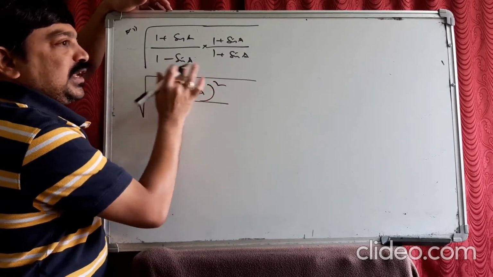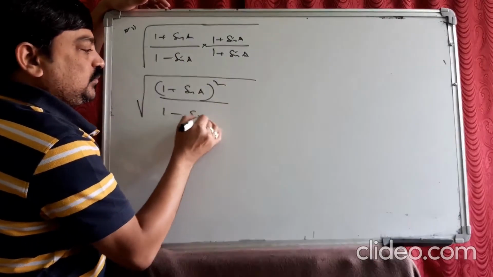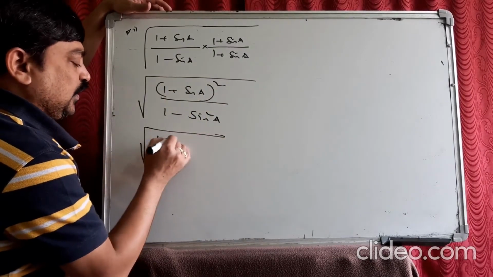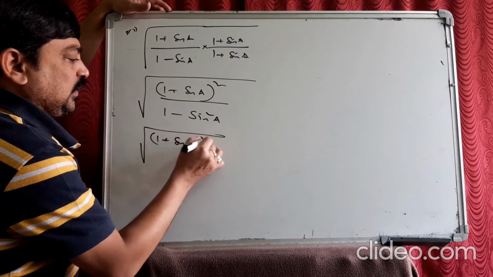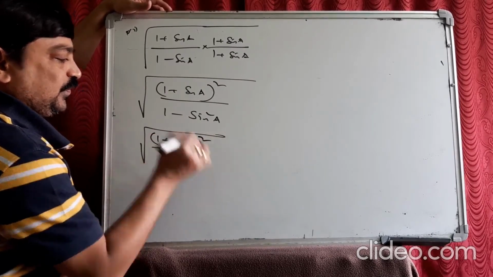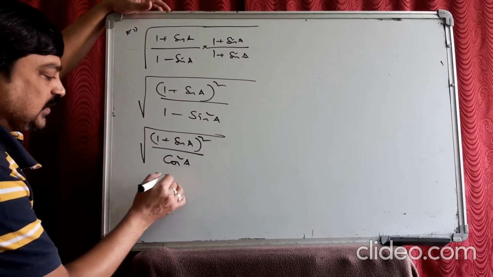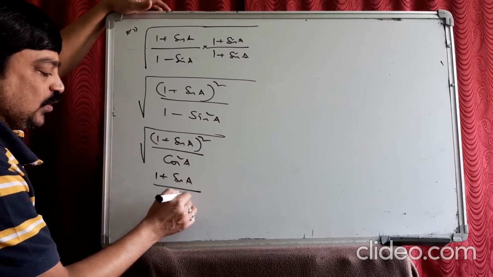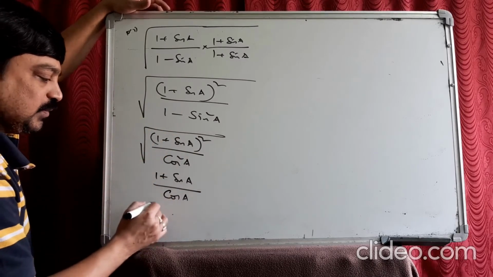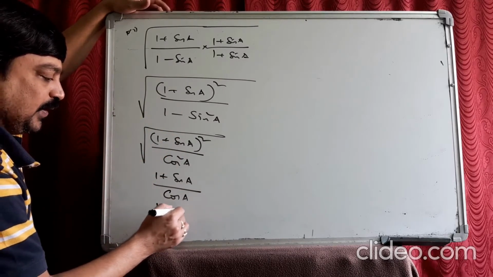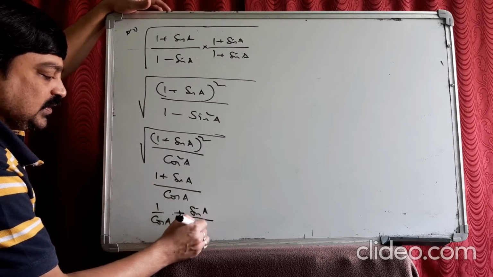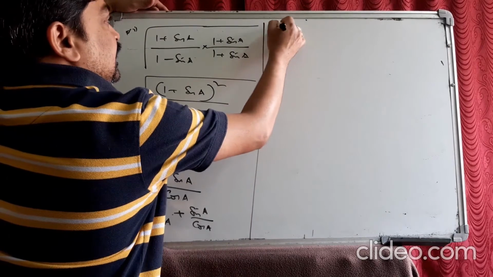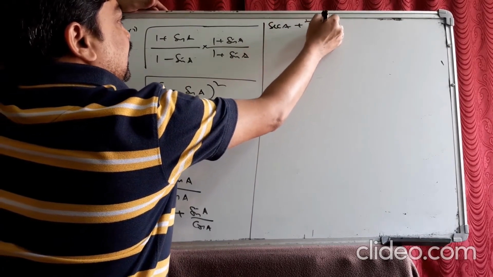The denominator looks like (A minus B)(A plus B), A square minus B square. One more step, 1 minus sin square A is cos square A. Now we can write it as 1 plus sin A, because the under root square gets cancelled, and the denominator becomes cos A. You can split it as 1 by cos A plus sin A by cos A. It becomes secant A plus tan A.